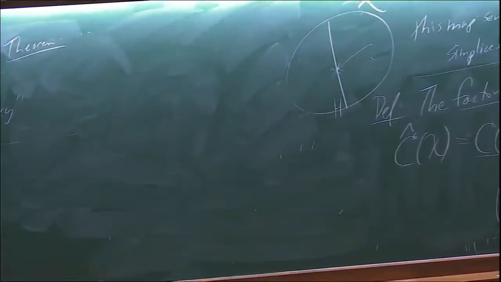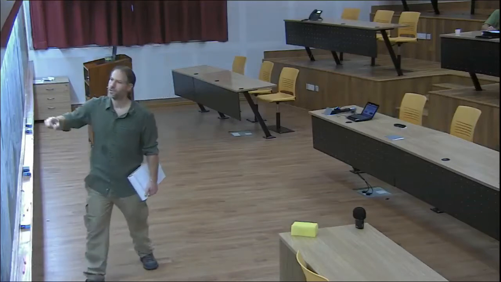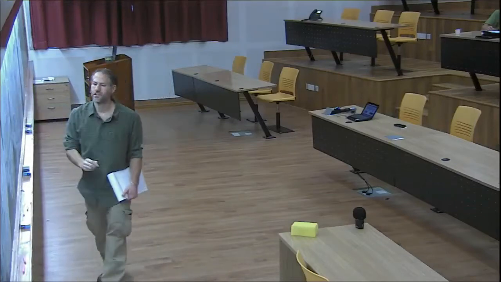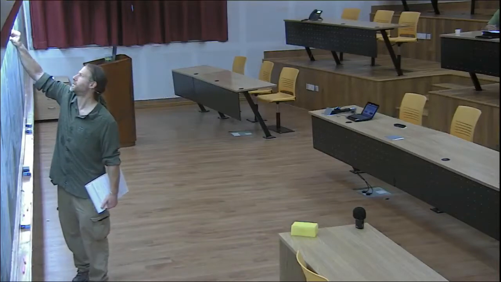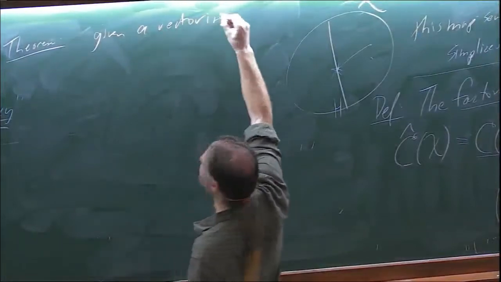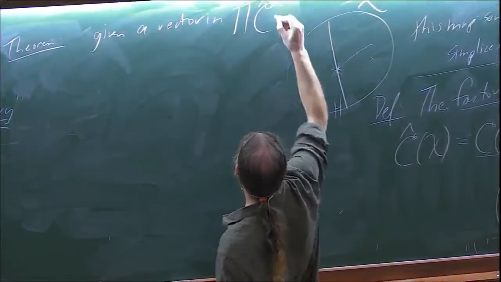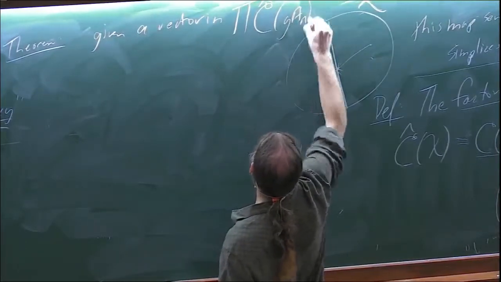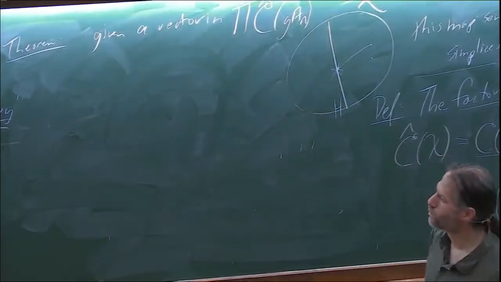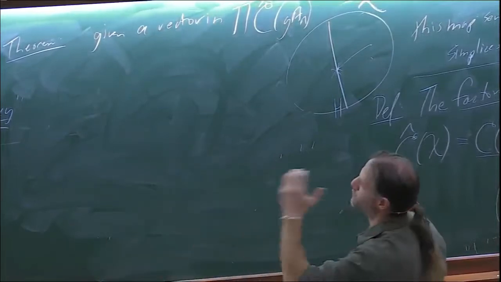Actually, I should say that we have two proofs of the distance formula in the CAT(0) cube complex case, and one of them generalizes and gives a new proof in the mapping class group case as well. So we have a theorem about these consistency conditions. Given a vector in this product of the curve complexes C hat of A sub lambda, you can ask when it comes from some element of the cube complex, some element of the right-angled Artin group.